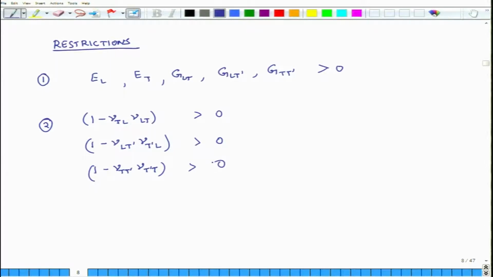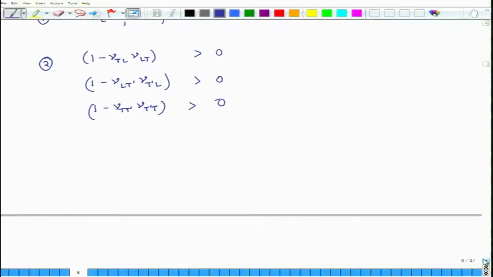They cannot be less than 0, as it will violate some basic laws of geometry and physics. So, this cannot be negative.